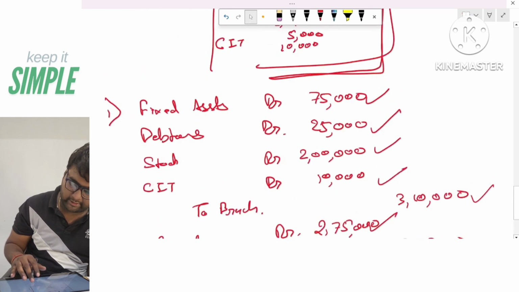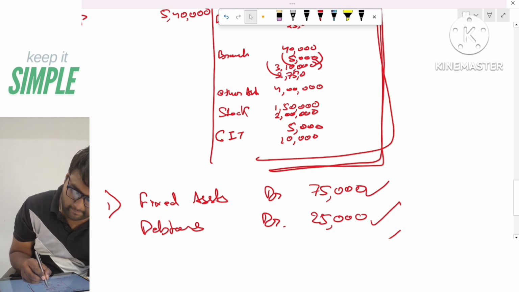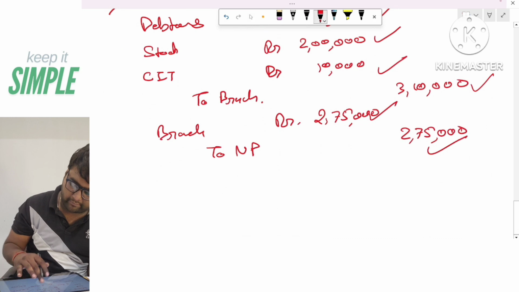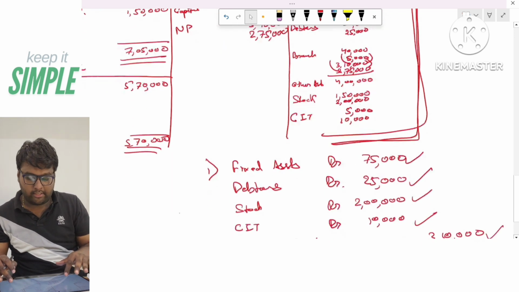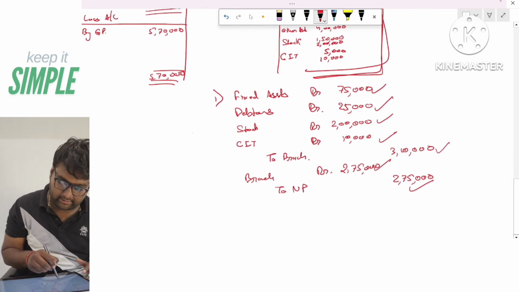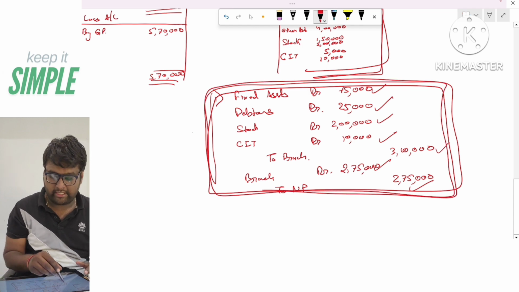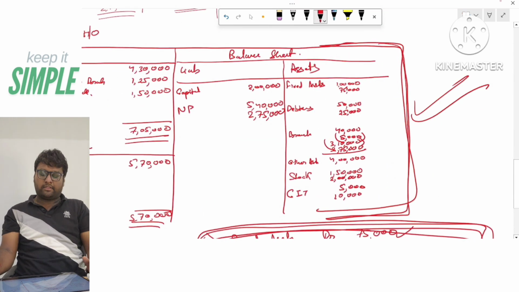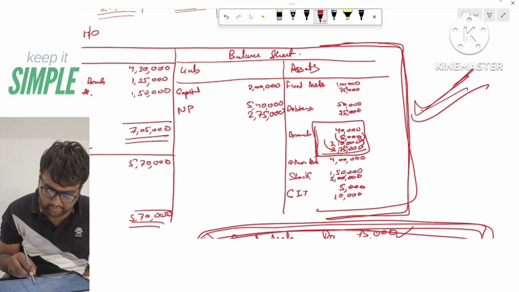Branch will increase by 2,75,000. Okay, then net profit will increase by 2,75,000. So everything which was there in the balance sheet of branch, we have incorporated in the balance sheet of head office. Now this balance sheet will tally and this branch will become 0.